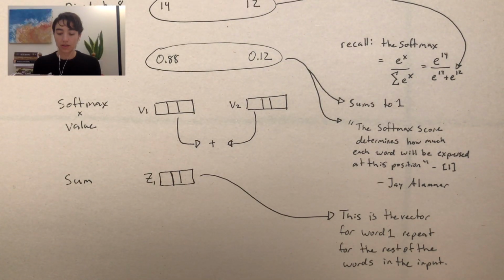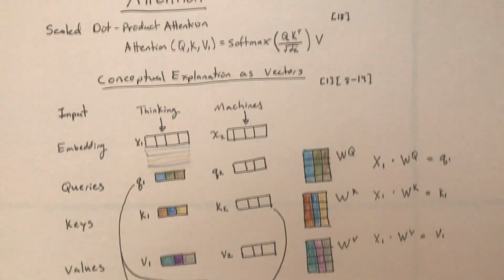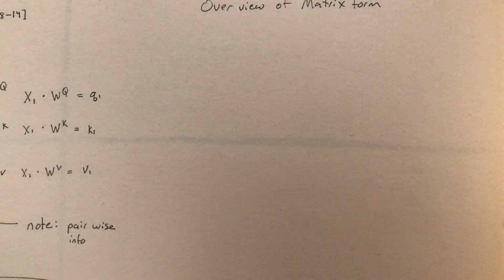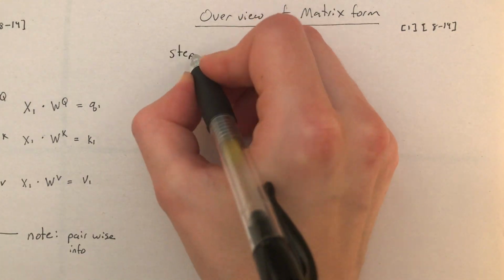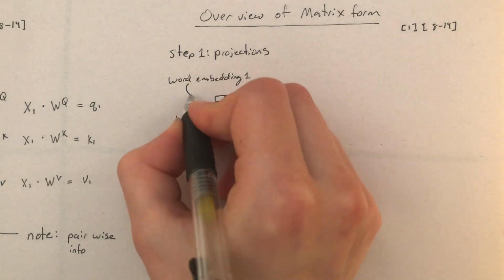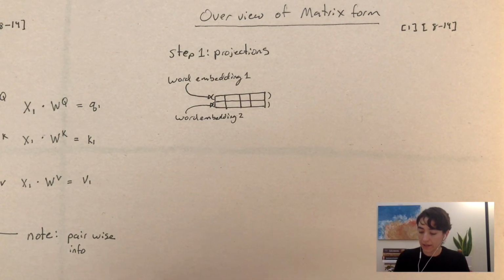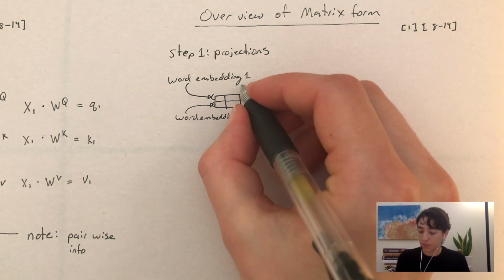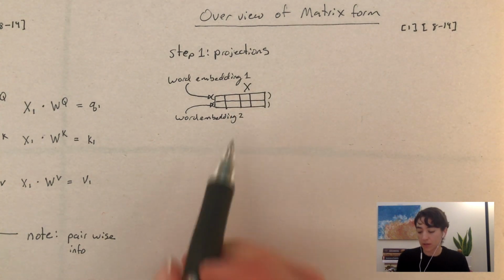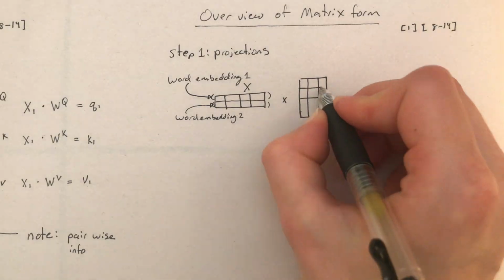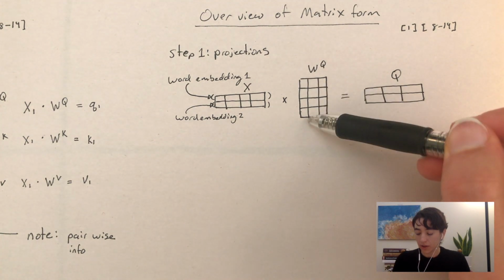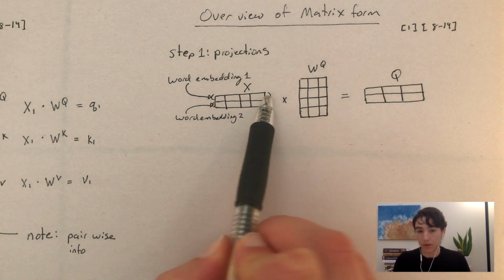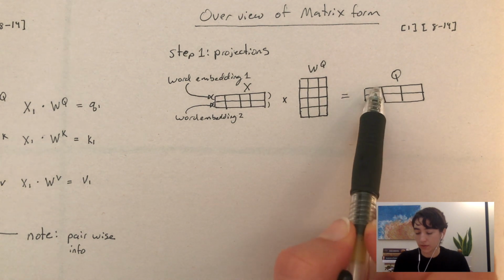Now that we've looked at this broken down as vectors, it's time for us to look at this in its matrix form. Step 1, projections. For our matrix X, we have word embedding 1 on top, word embedding 2 on the bottom. Same concept here. Take your first column, multiply by your row, and that's how you get your first entry.